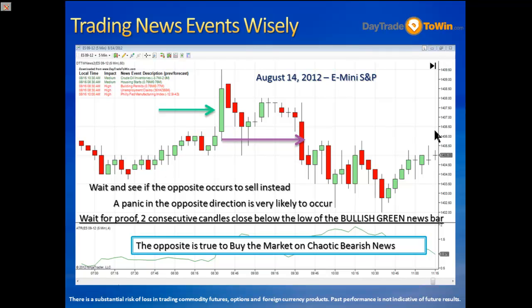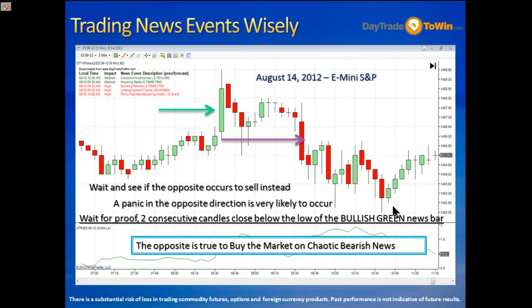And so what do they do? Well, there's only one thing they can do. Their stops are going to be hit, and even they're going to hit the reverse key. And what happens is a flood of orders in the opposite direction hits. Okay? And when that occurs, you have, as you can see, this huge red candle here displaying that.